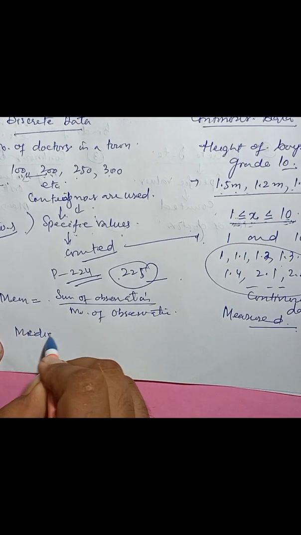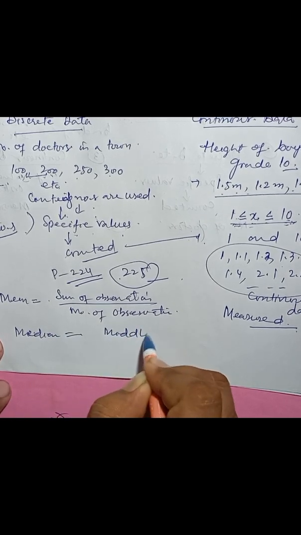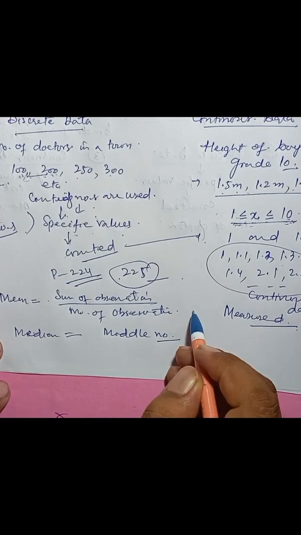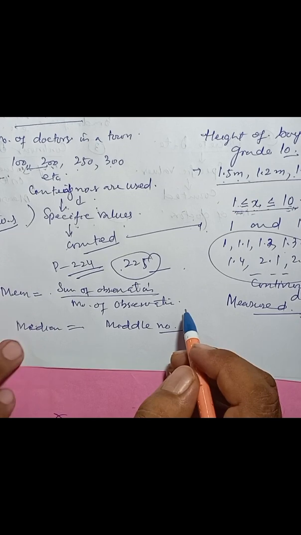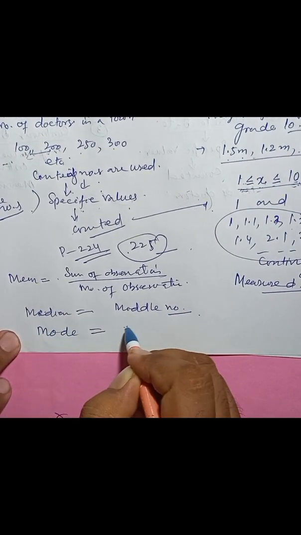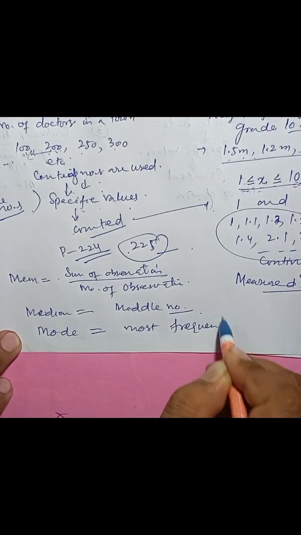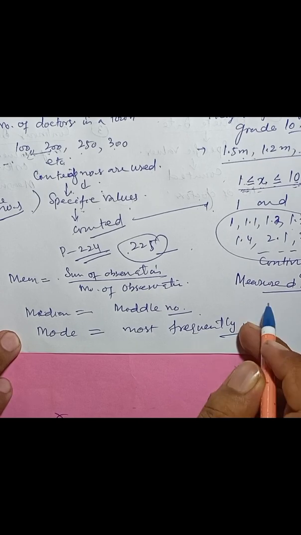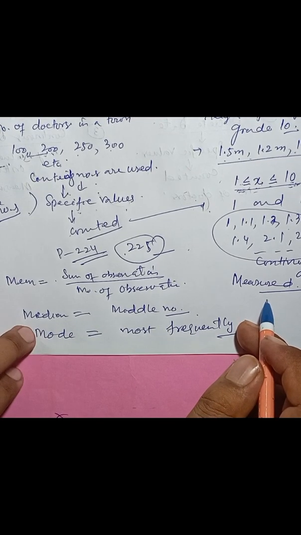So what is median? It is the middle number. We will understand it while doing the questions. And mode is that term which occurs most frequently, that means the number that occurs most often in the data.